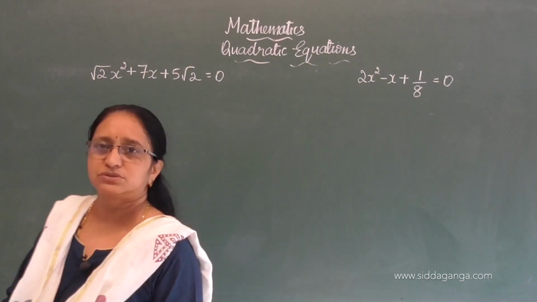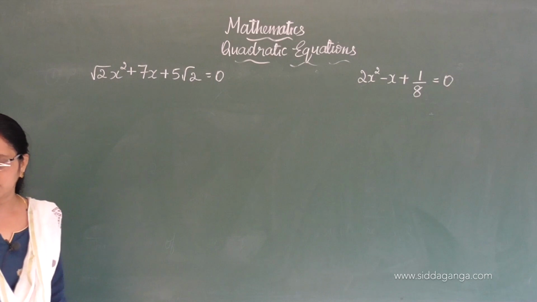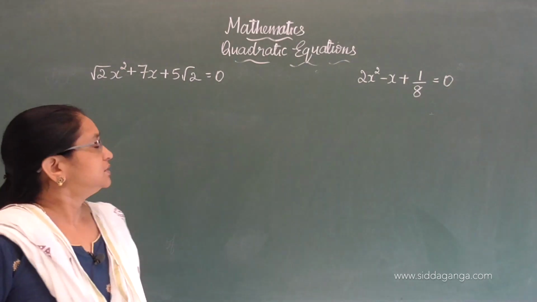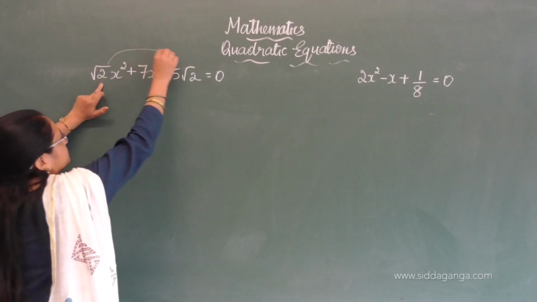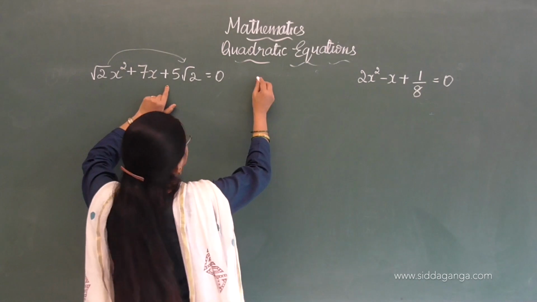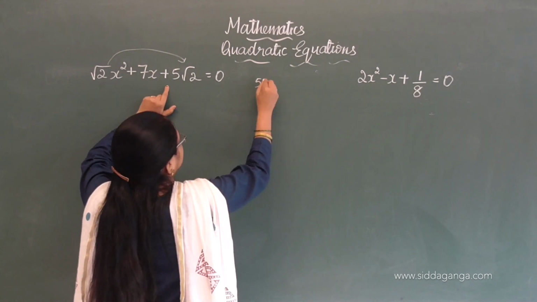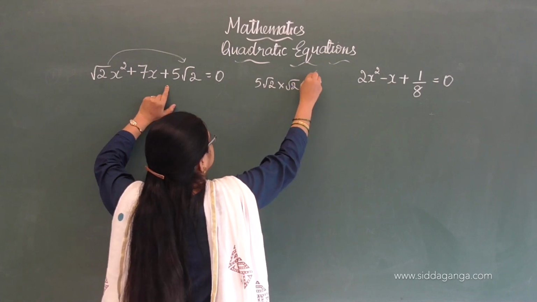Okay. So, shall we start working? Now, here just see root 2 is there. So, you need not worry, just multiply these two. When you multiply, just observe carefully, 5 root 2 into root 2 x square.